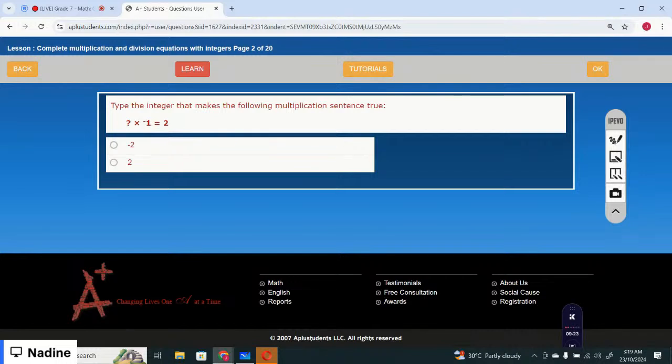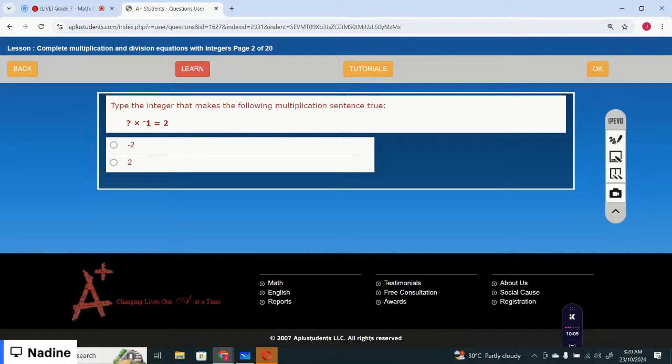Type the integer that makes the following multiplication sentence true. Negative 1 times the missing number equals 2. So which is the correct option? The product is positive, right?